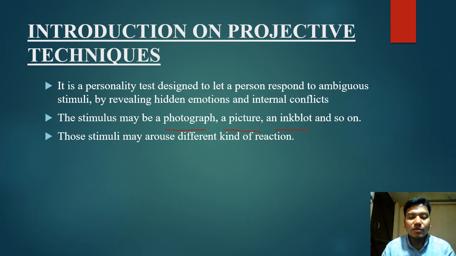The picture provided to the respondent may take different forms. Sometimes the picture or photograph may look like the shape of a human being, an animal, or some creature. So based on that, the respondent will give his own viewpoint.